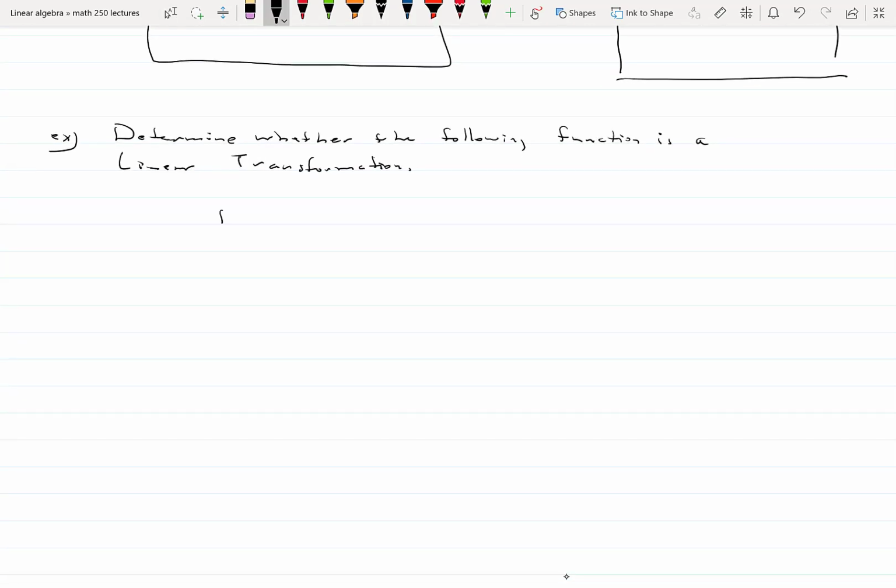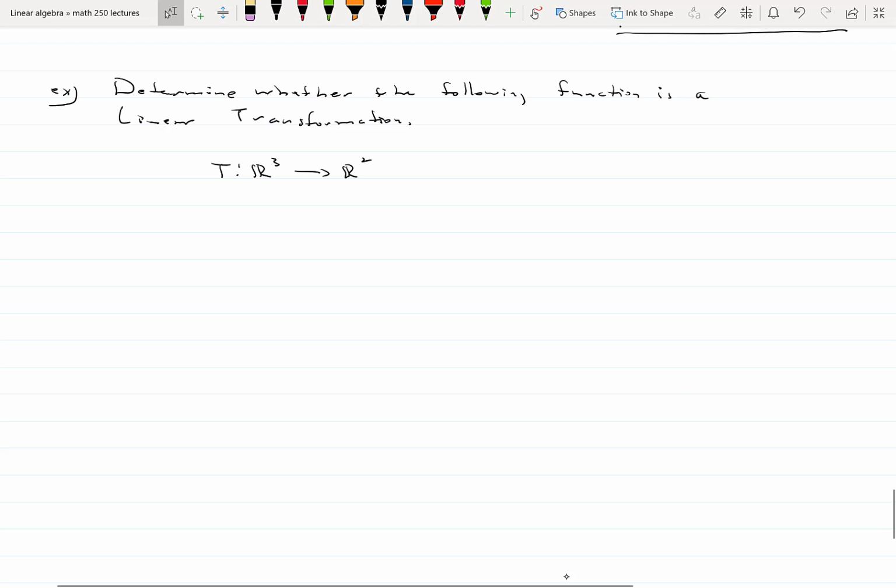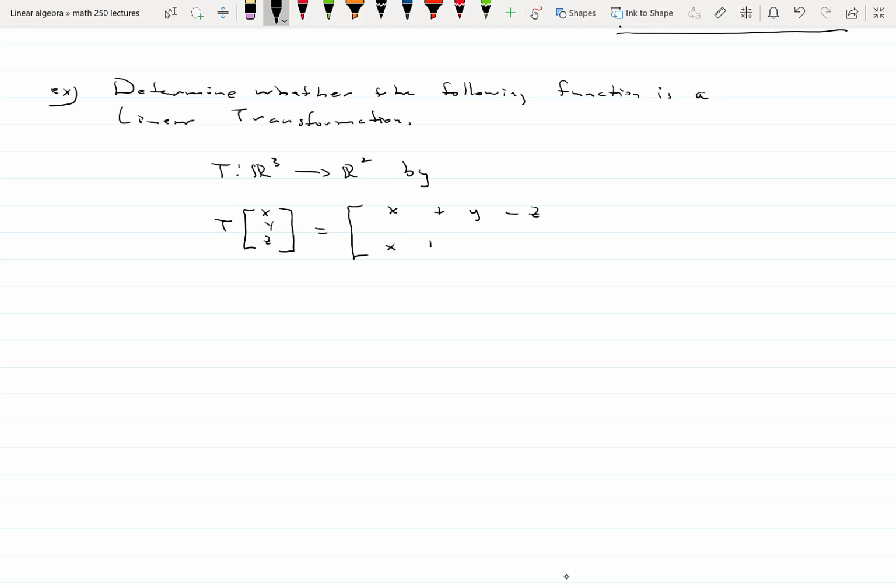Okay, and the function is T, which is going to take something in R3 and pop it into the vector space R2 by the formula: T takes x, y, z and turns it into the column vector whose components are x plus y minus z and x plus 2y plus z.